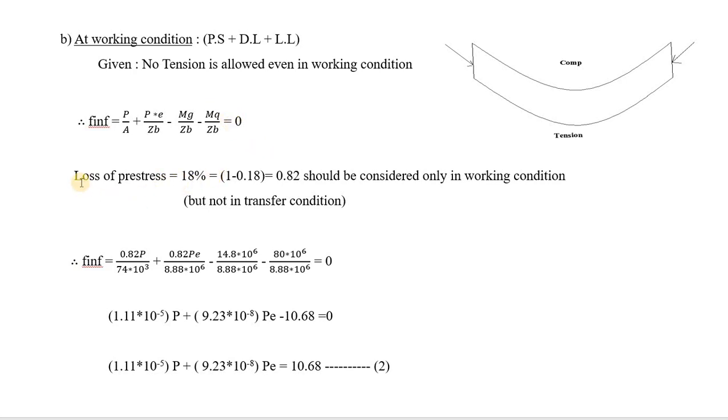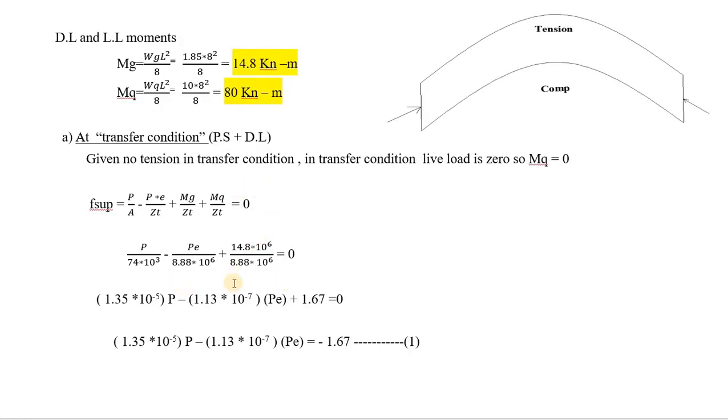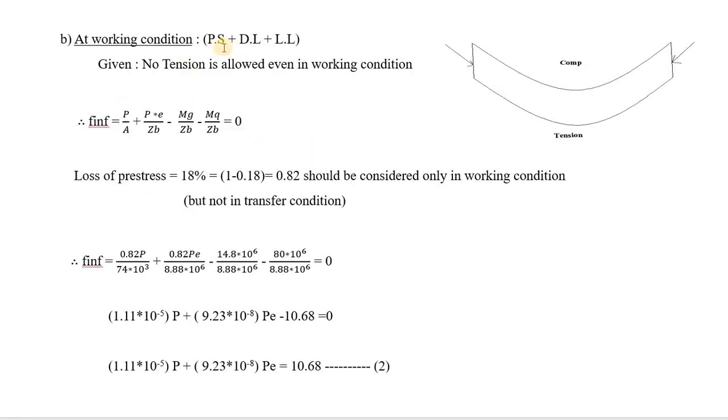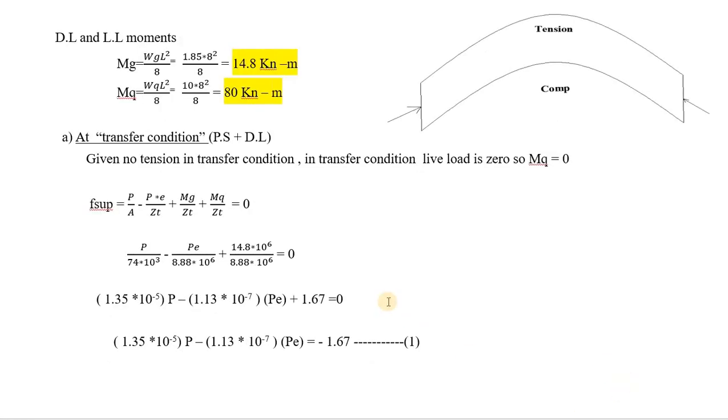Next, we should consider loss of pre-stress as 18%. You should remember one point: why didn't we consider any loss of pre-stress for the first condition, but consider it for this second condition? Here, in the transfer condition, live load is not present.